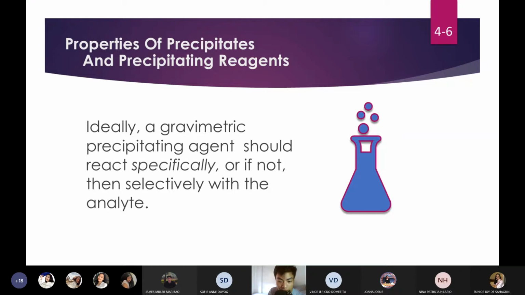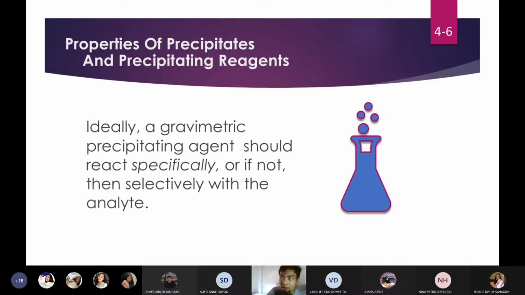Okay. So ideally, no, when doing precipitation reaction, your precipitating agent must be specific, no, and selective, no. So kailangan specific siya for that ions or specific siya for that analyte and selective lang siya for that analyte. Bakit? Kasi one of the problems with precipitation reaction, suppose natin marami kang metal ions diyan.